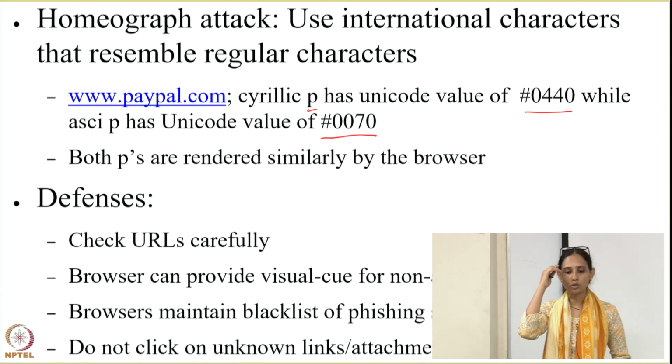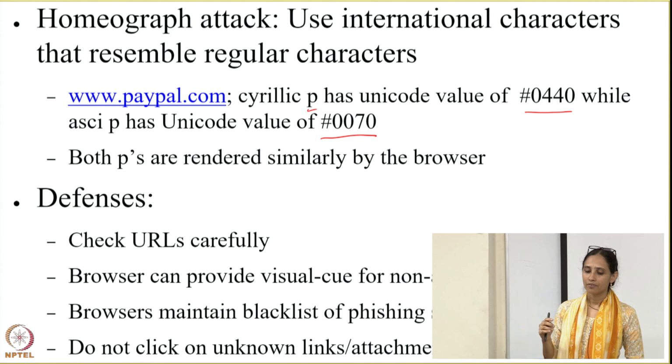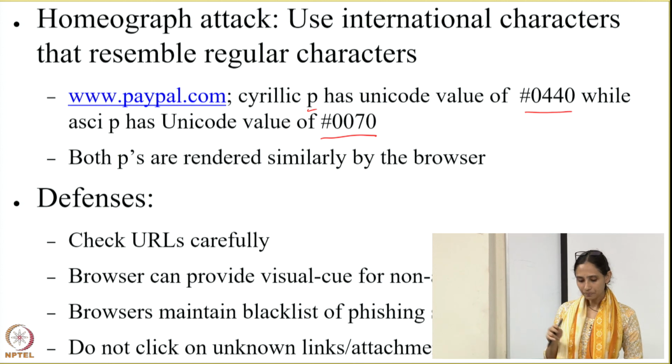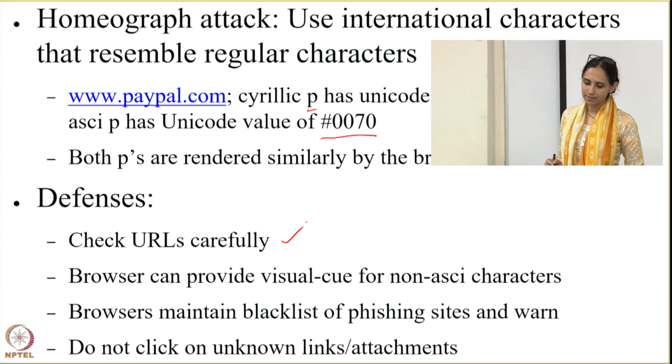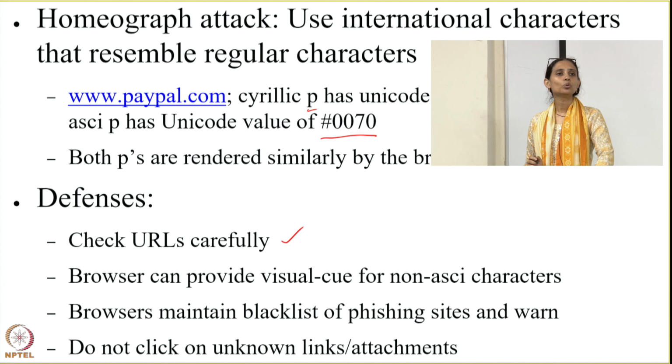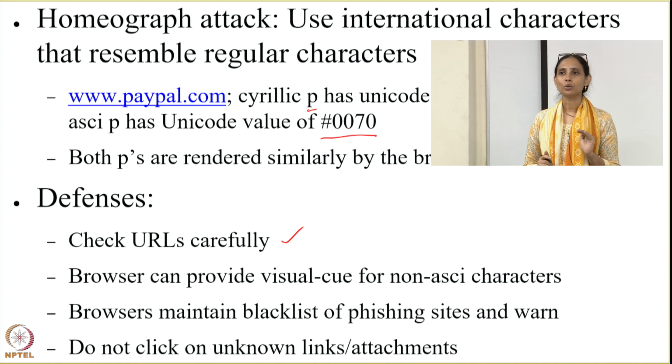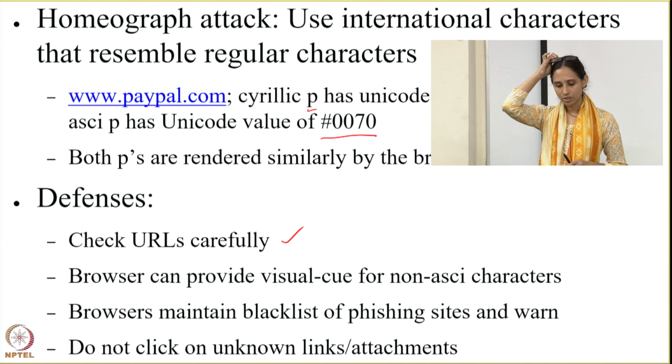So, this is called a homograph attack, where you use international characters, but of late the browsers will warn you if there is some such thing, the browser will tell you that this is not the regular P. So, the main defense against these is that whenever you click somewhere, especially, do not click anything that comes through email unless you absolutely trust it, and whenever you click something, you should always pay attention to what the URL is on the top, which is the browser's URL.